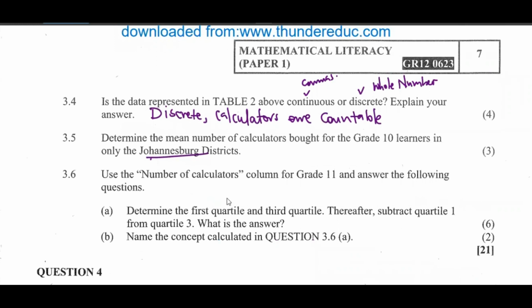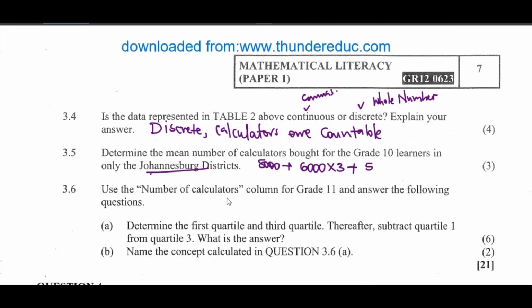Okay, let's go there and we add. So we shall add 8,000 plus the 6,000, but 6,000 appears 3 times, so multiply it by 3, plus the last one, which is 5,000. Afterwards, I will divide by, how many have I added? I will divide by 5.